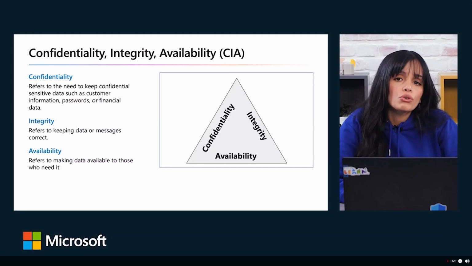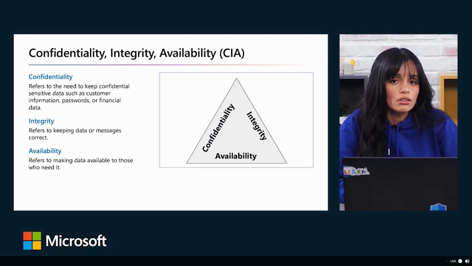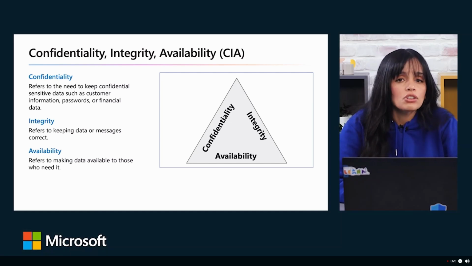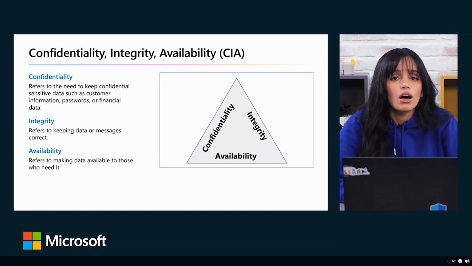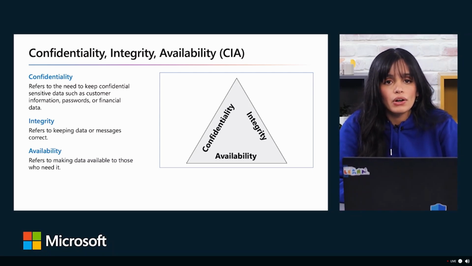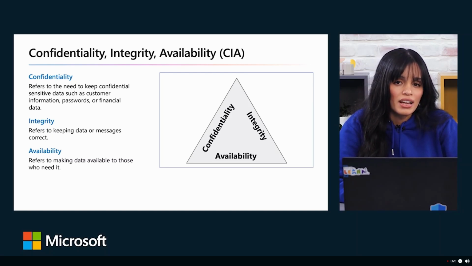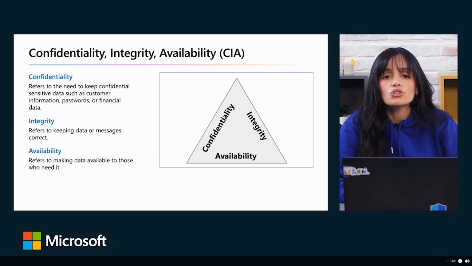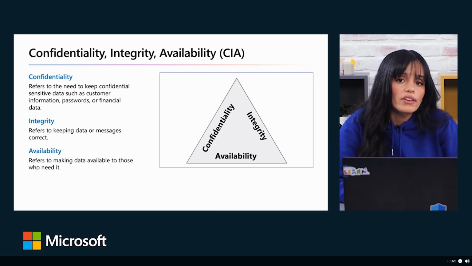We want to make sure the data that we are working on or the projects that we are looking at are kept confidential for those who are allowed to look at them. For instance, if you are working with this data, you don't want anyone else to see this information, regardless of whether what is inside the data is sensitive or not, because you should be able to keep this data away from those who should not be looking at it at all.